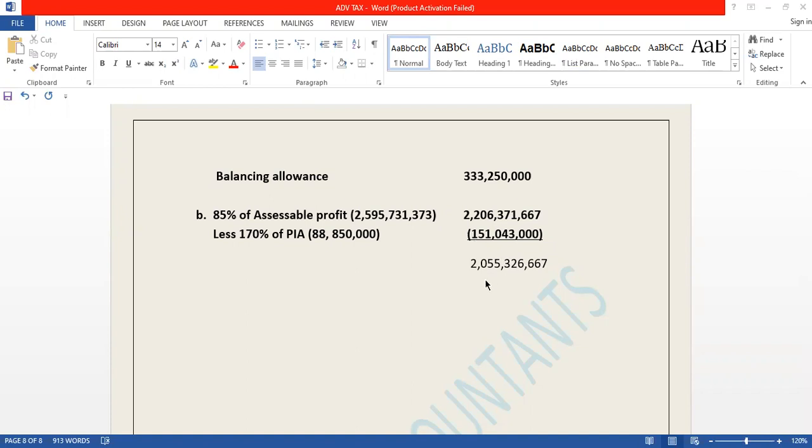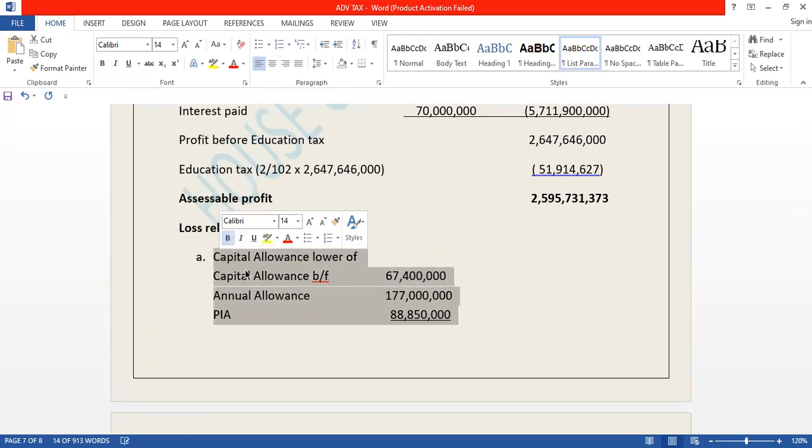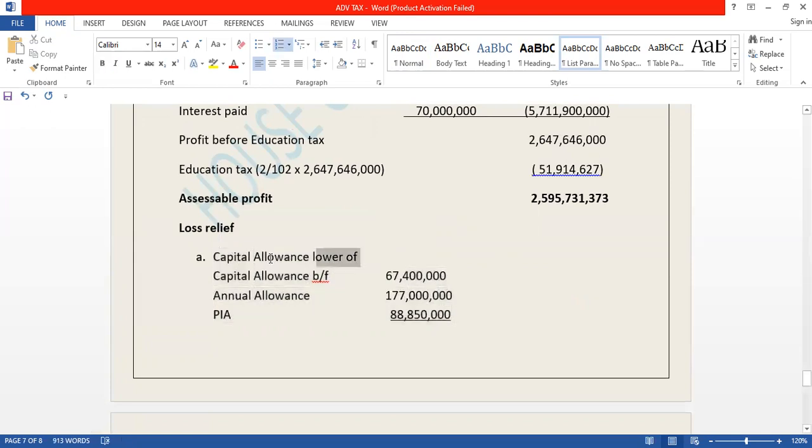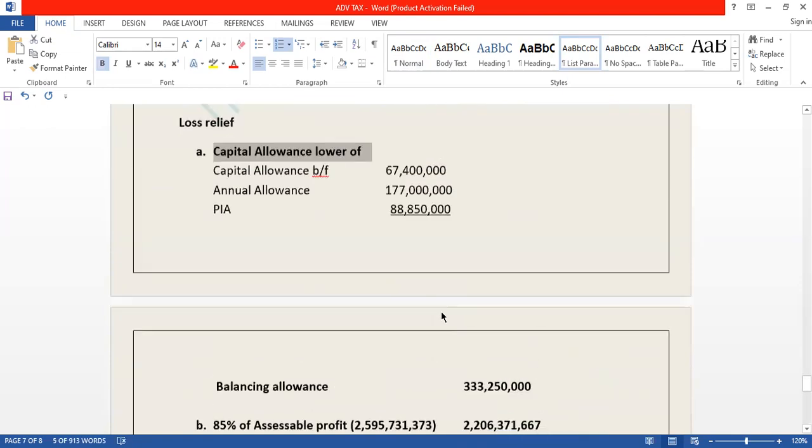So the rule is to pick lower of these two. So we have to pick lower of the two based on this instruction. So which one are we going to pick? We have two here.